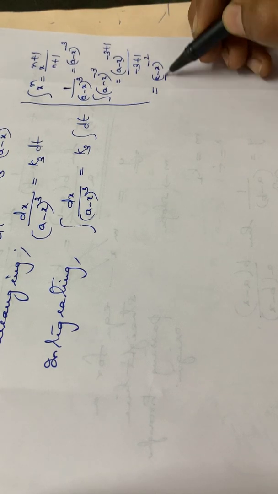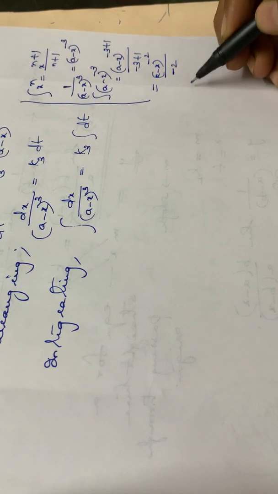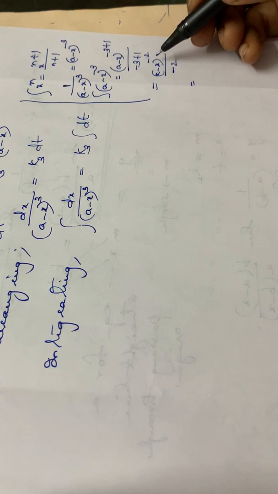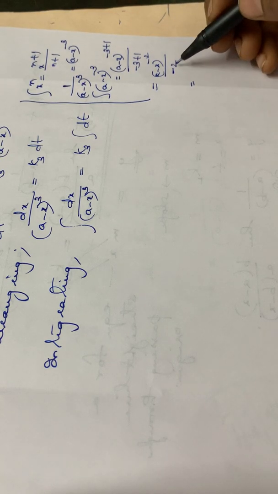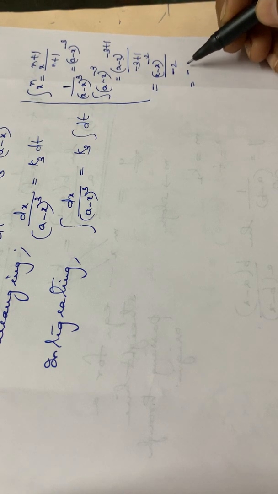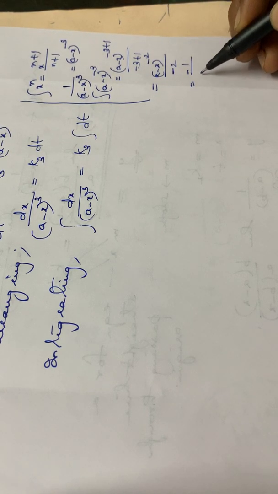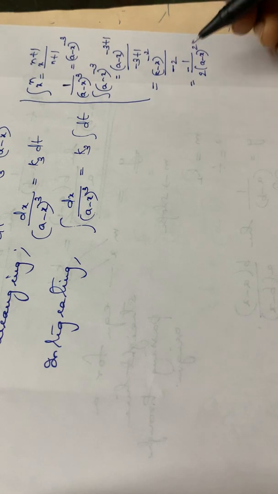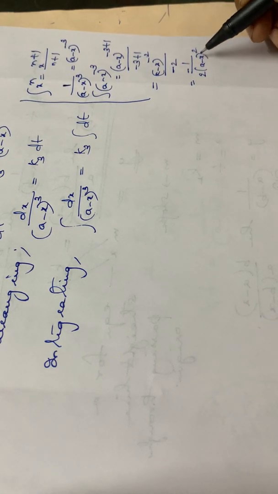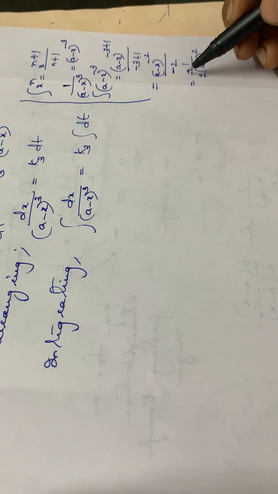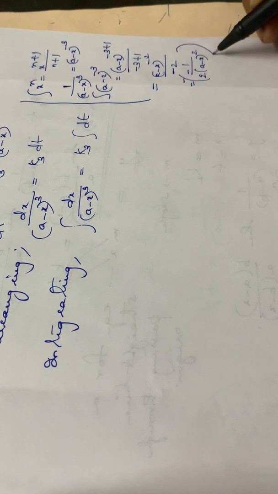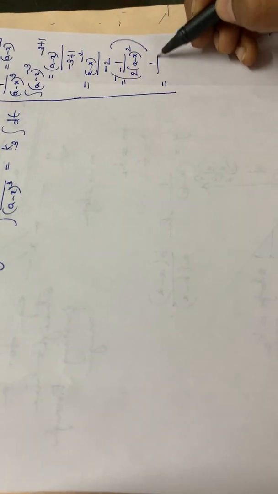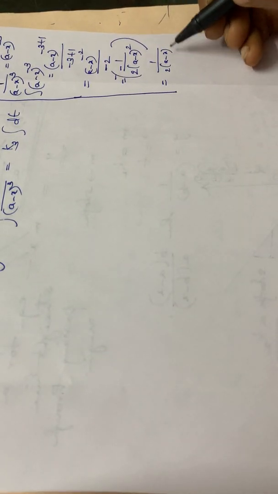That is a minus x raised to minus 2 divided by minus 2. A minus x raised to minus 2 means 1 by a minus x, the whole square, divided by minus 2, that is minus 1 by 2 into a minus x, the whole square. Then again, since there is a minus x, we take the minus of this term, so the value becomes a positive quantity: 1 by 2 into a minus x, the whole square.